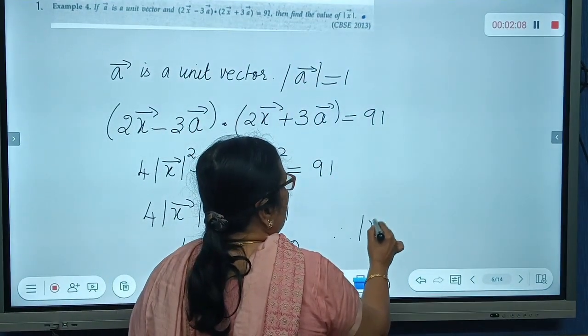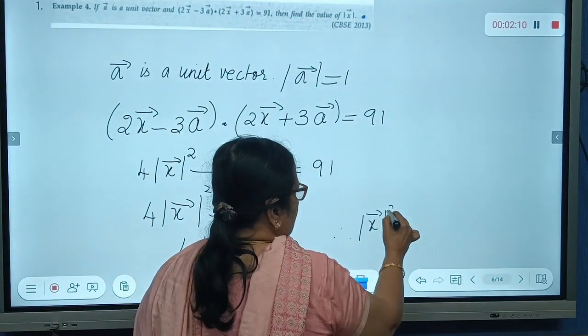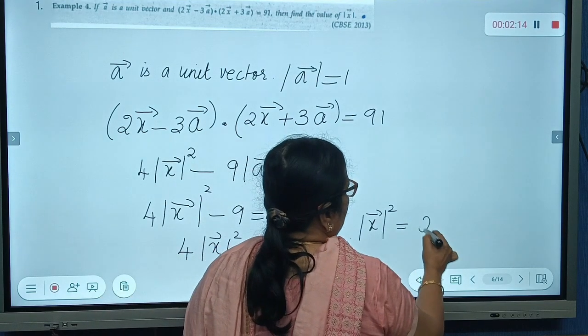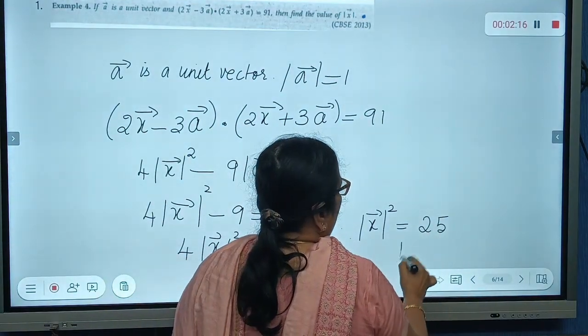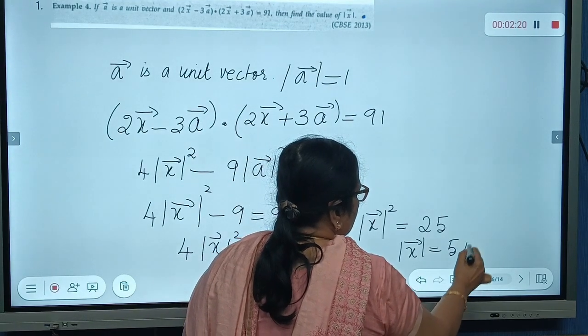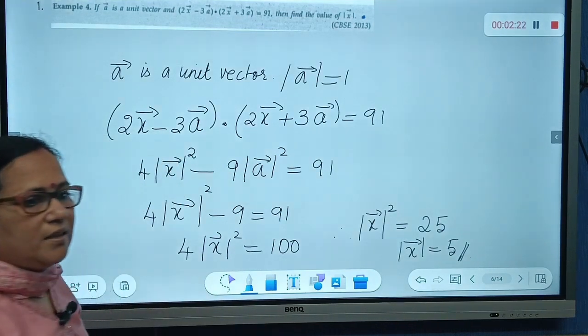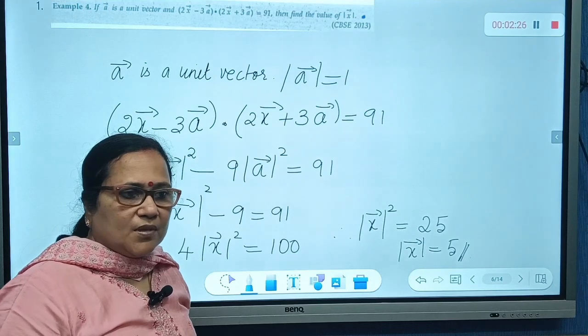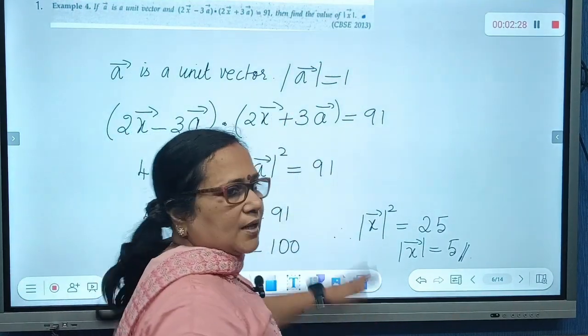Therefore, the square of the length of x vector is 25. So, modulus of x vector is equal to 5. Since it is length, I am writing it as 5 units. Is it clear? I hope you understood the calculations.